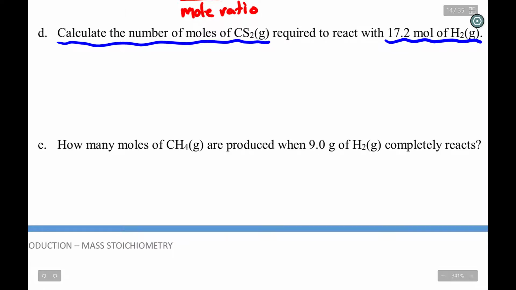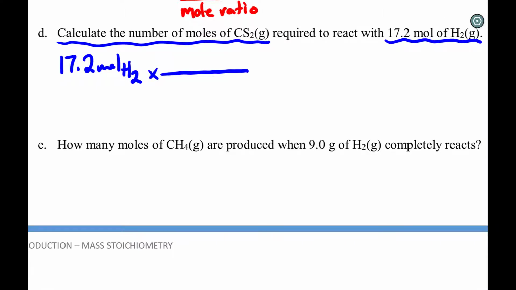Well, I have to start with the number I'm given, which is 17.2 moles of H2. I then write a fraction. Whatever I'm solving for needs to go on the top of the next fraction. Well, I'm solving for moles of CS2, and I need to cancel out moles of H2.